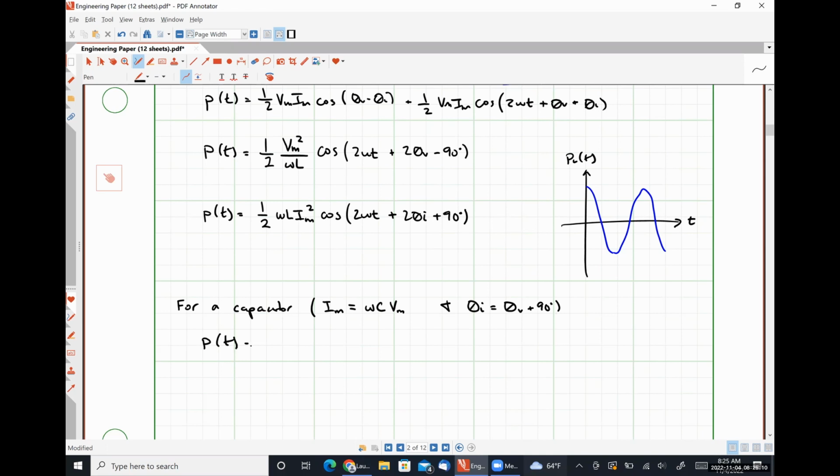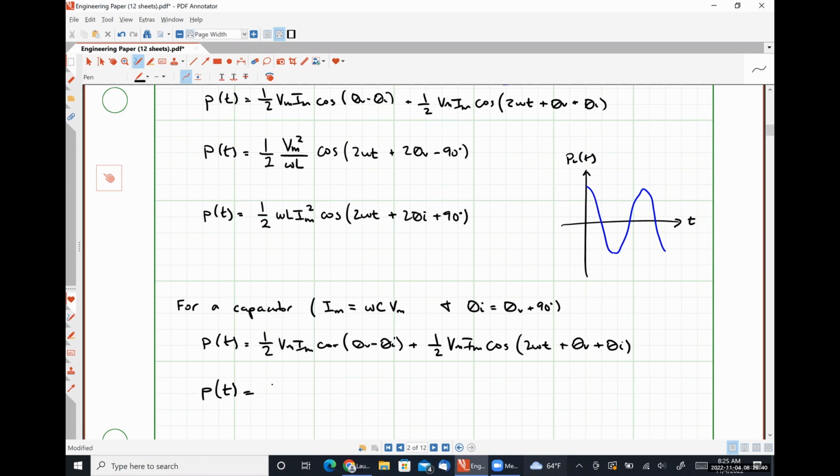Starting with our generic form for our instantaneous power, we have 1/2 Vm Im cosine of theta V minus theta I plus 1/2 Vm Im cosine of twice omega t plus theta V plus theta I, expressed only in terms of the voltage.